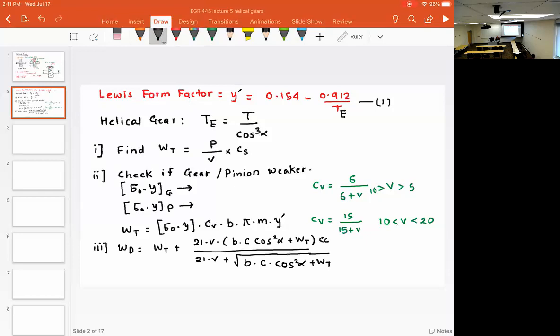In the spur gear design, we did not have cosine alpha, and this alpha is nothing but the helix angle. B is the face width, C, all these parameters we used in the case of spur gears.